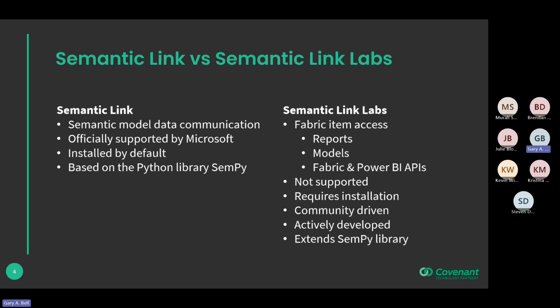You put a lot of work into building out those measures and structuring the data in that nice star schema model. Semantic Link was an effort to allow data scientists to query that data and work with it so that they could take advantage of that. So a lot of the base library is about being able to interact with a model and, as a data scientist, pull data out and use it for various workloads.